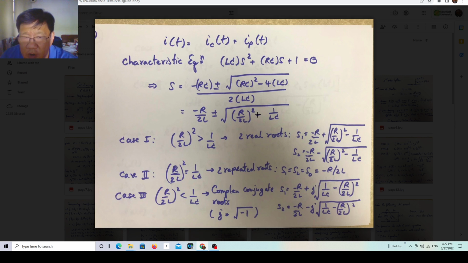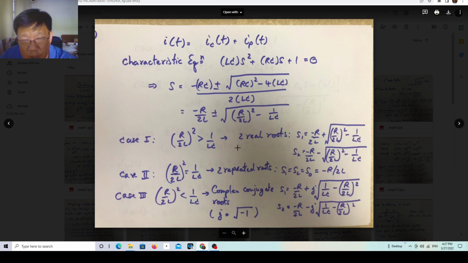Therefore you end up having two real roots. The first one is plus this square root, and the second one is minus this square root. So you get two real roots.